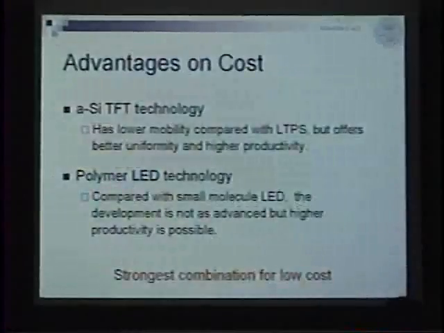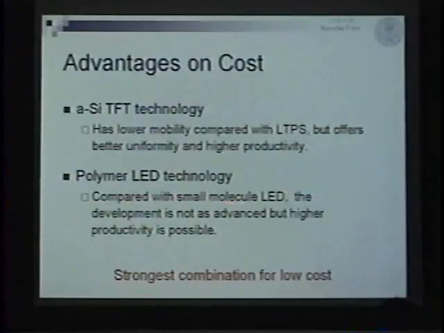Next, please. This display has two advantages from the cost point of view. One is the amorphous silicon TFT technology, which has lower mobility compared with low temperature polysilicon, but offers better uniformity and higher productivity. The other is the polymer LED technology.